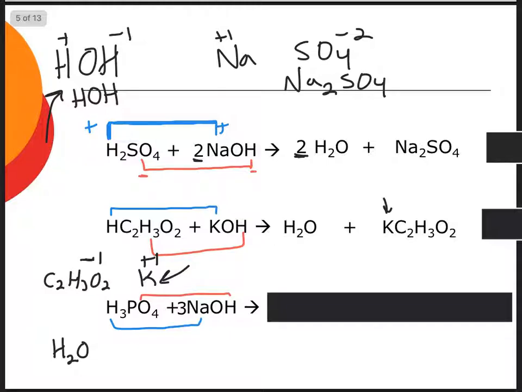It has 3 ionization states. It is a triprotic acid. And so when phosphate combines with sodium. Sodium has a +1 charge. Phosphate, PO4, has a -3 charge. And when we crisscross, we will get Na3PO4.